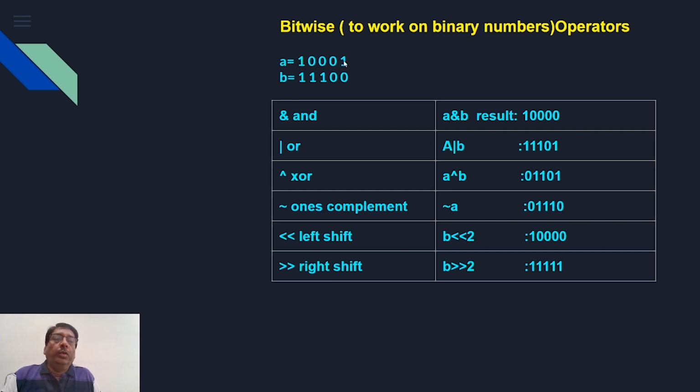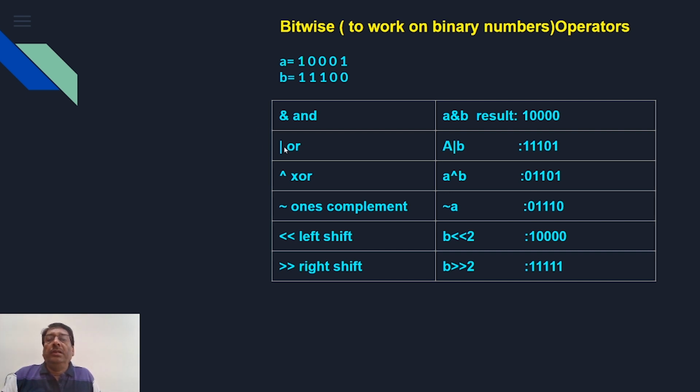When you go with the AND operation, both the values have to be 1, then the result will be 1, otherwise it is going to be 0. So in this case it is 0 0 0 0 1, and you will get the output as 1, all zeros, and so on.